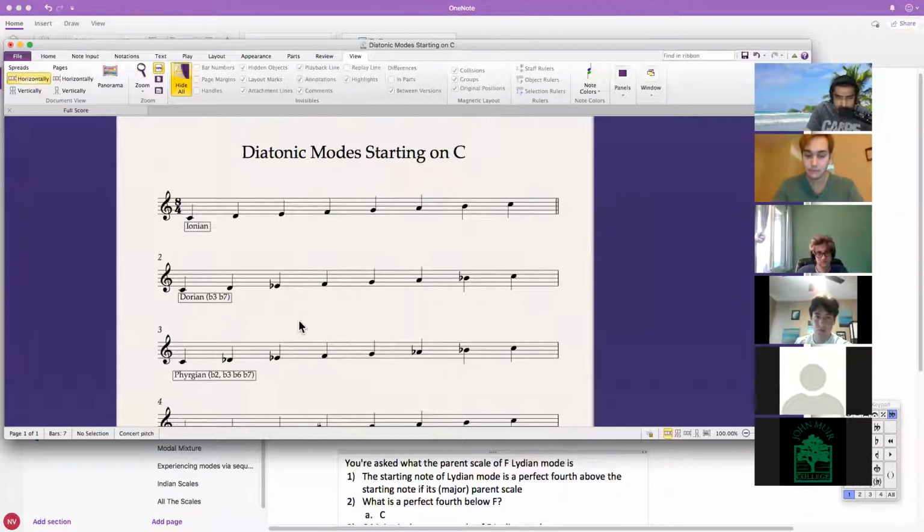For instance, I can find the notes of D Dorian mode just by building a D major scale and flatting the 3 and flatting the 7. That's one way you can do it.